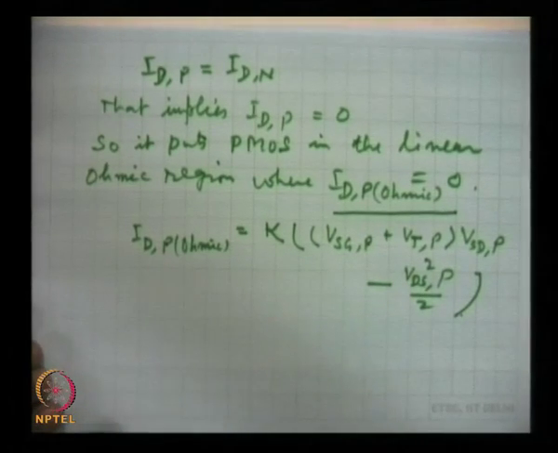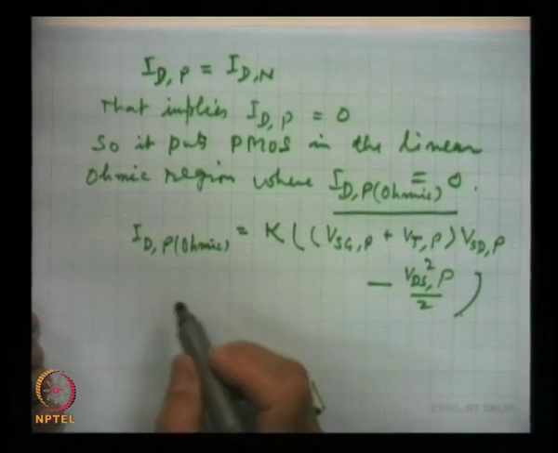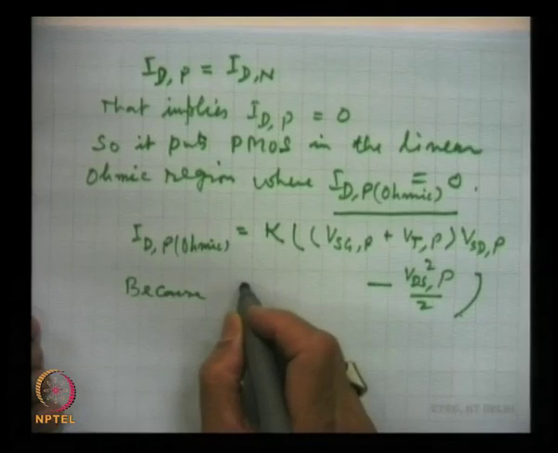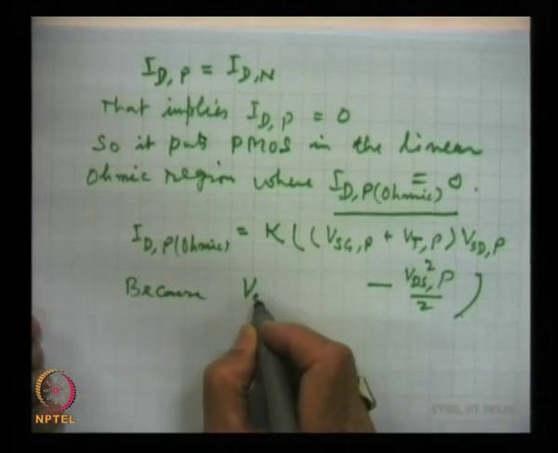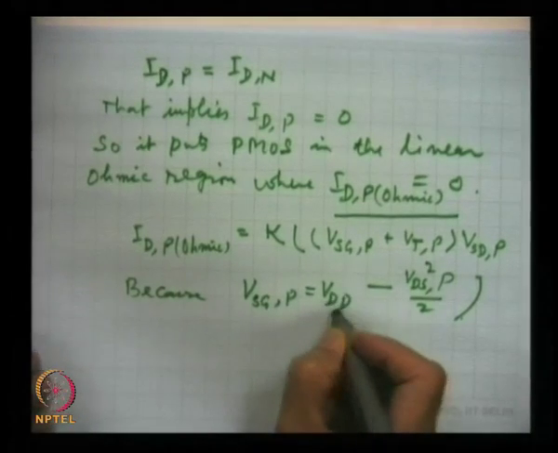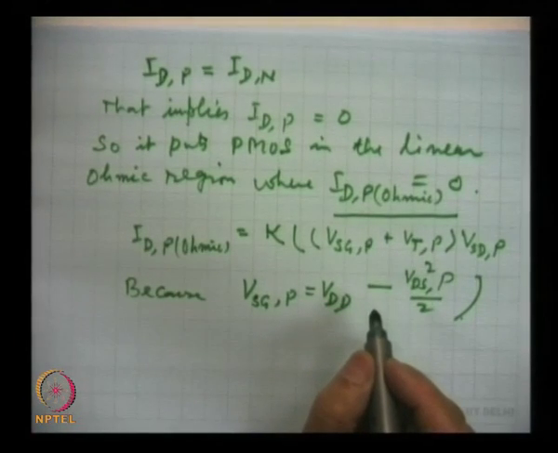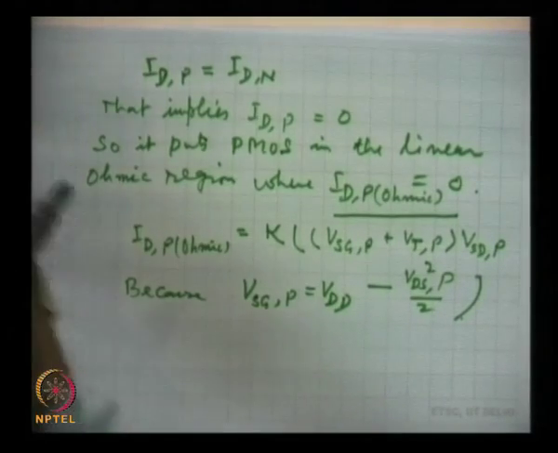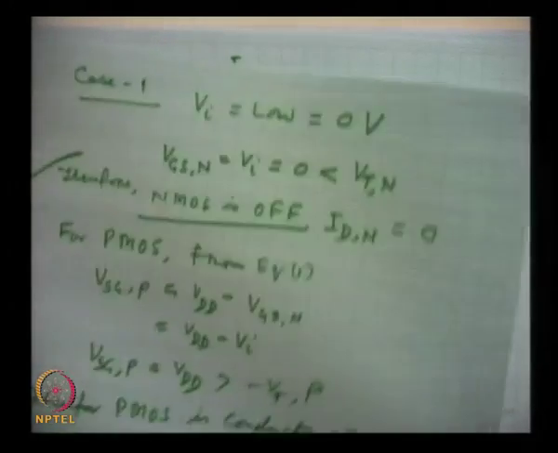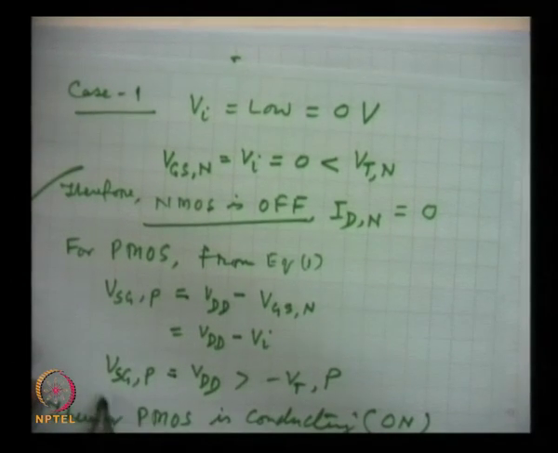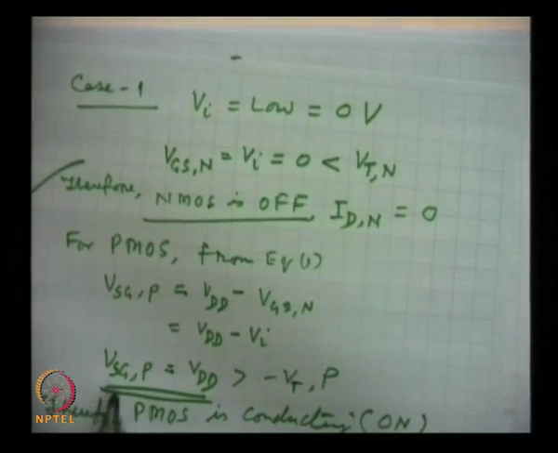This is the equation, and because VSGP is equal to VDD here, since this was 0, we have written VSGP is equal to VDD.